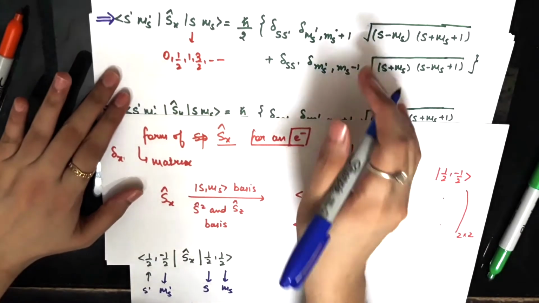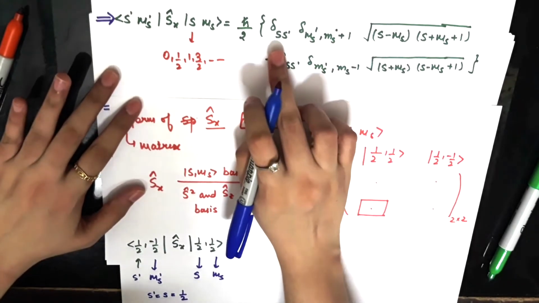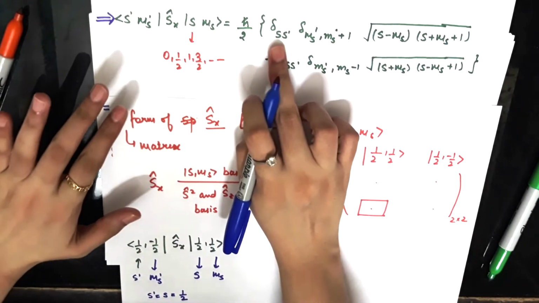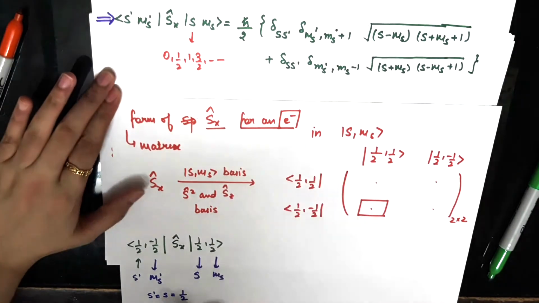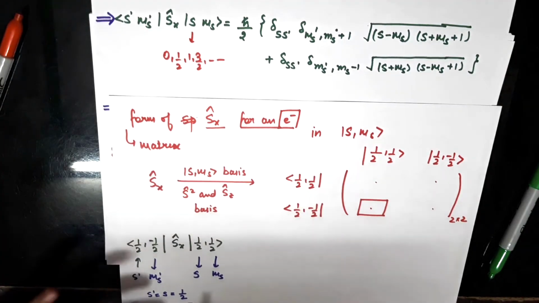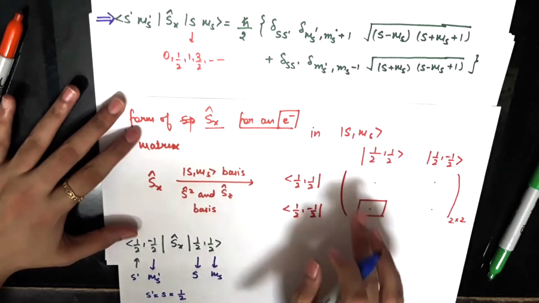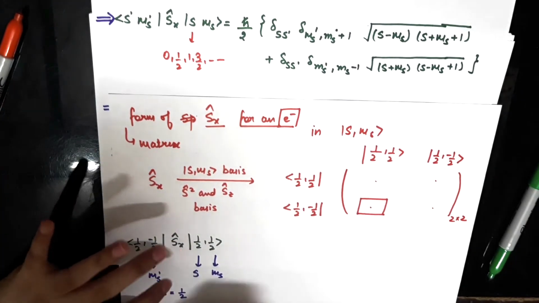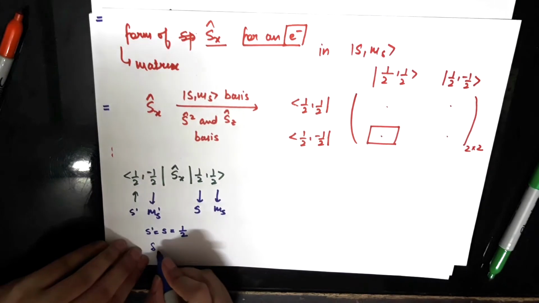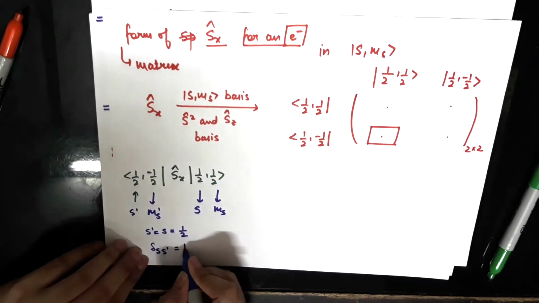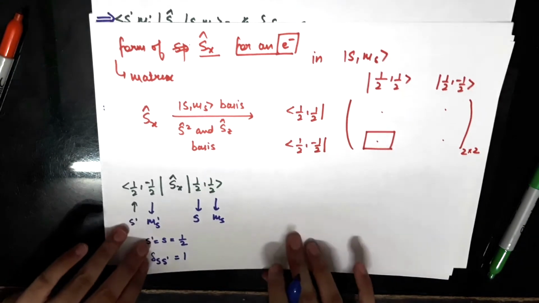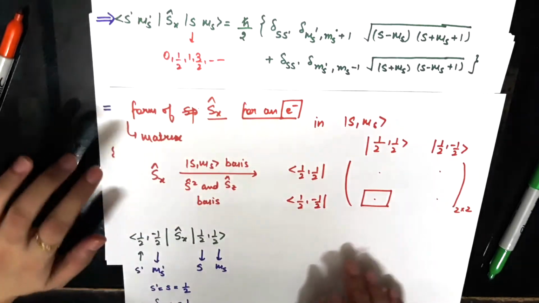And these two terms have delta S prime in them. Because S and S prime for my case are always half, since my case is an electron, these two terms would give me 1 because S equals S prime.